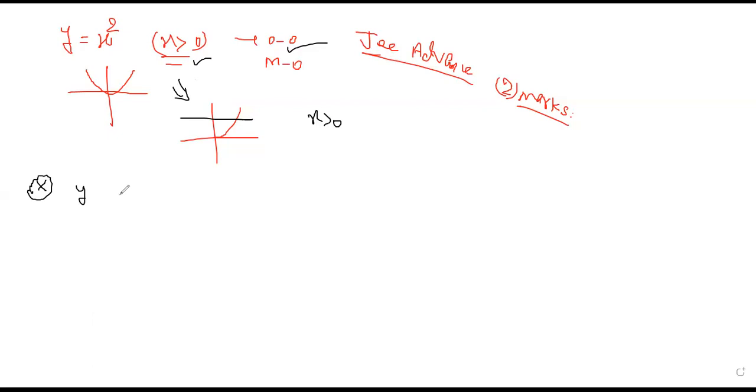y equal to cos 5x, y equal to log x, y equal to e raised to power x. Which of the following is one one or many one? One by one.